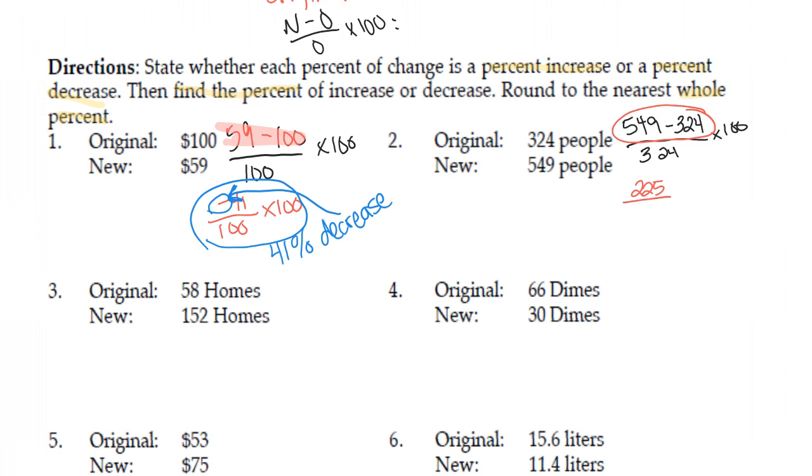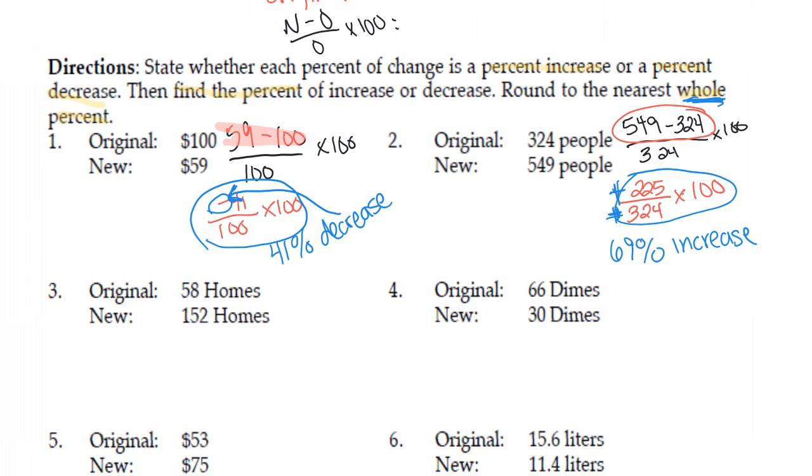We take that and divide by 324, and then multiply by 100. Plug this into your calculator, and we want to round to the nearest whole number. That's about a 69% increase, and I know it's an increase because both of these numbers are positive.